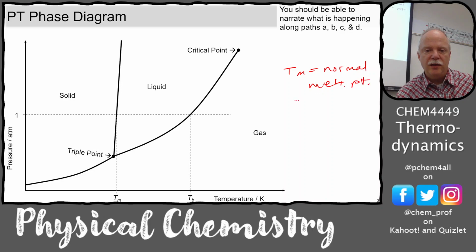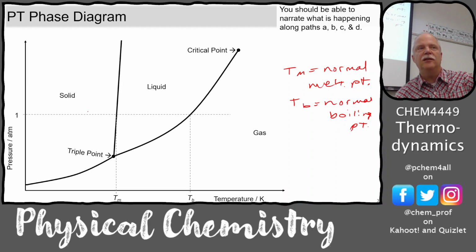And then Tb is the normal boiling point. And that's where 1 atmosphere cuts across both those lines.